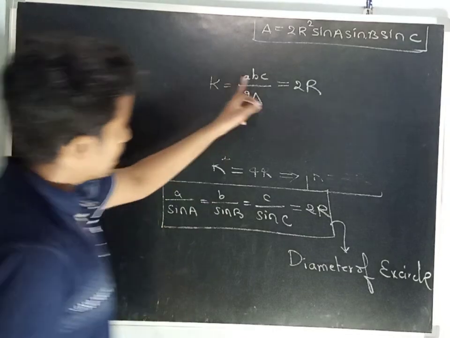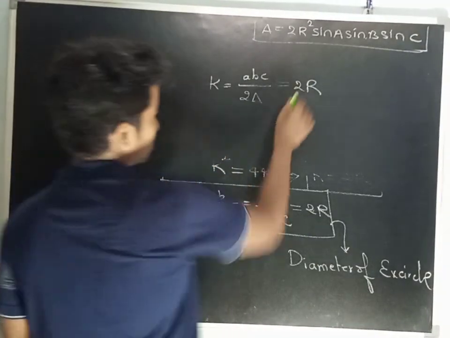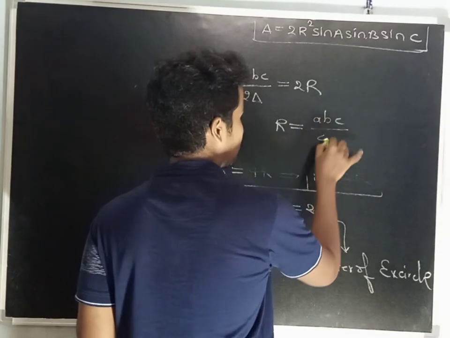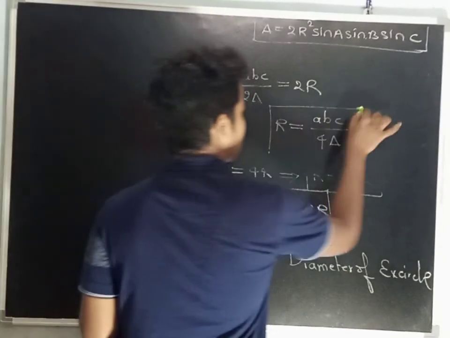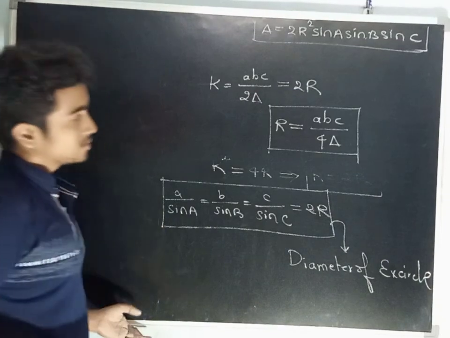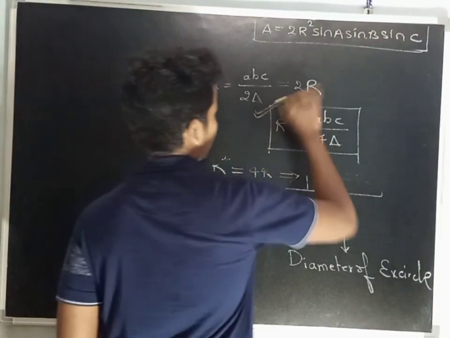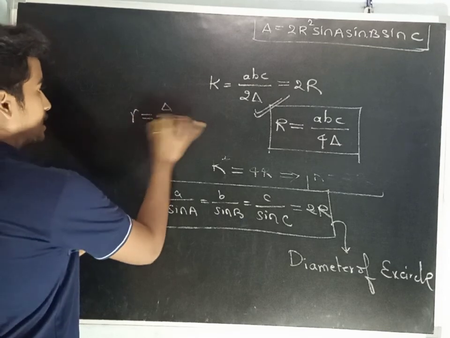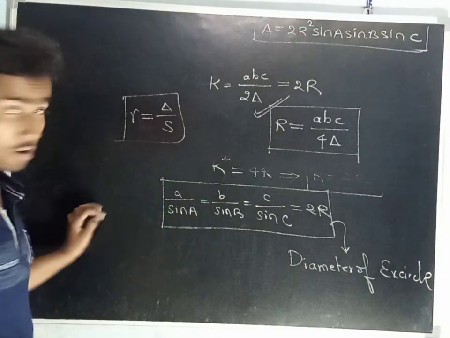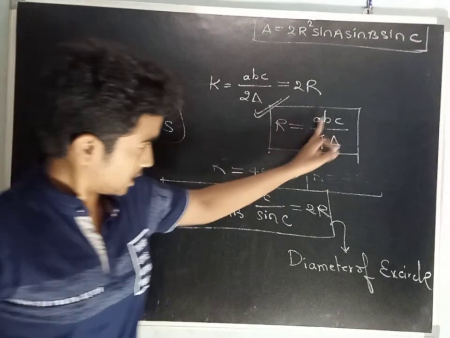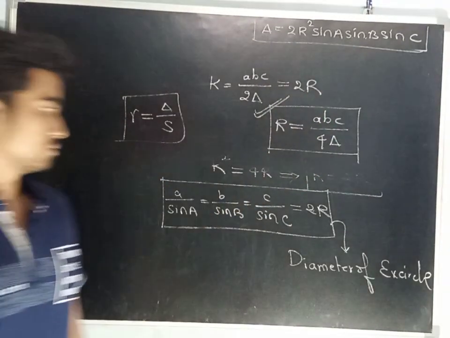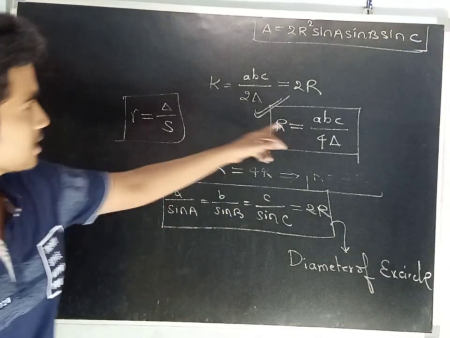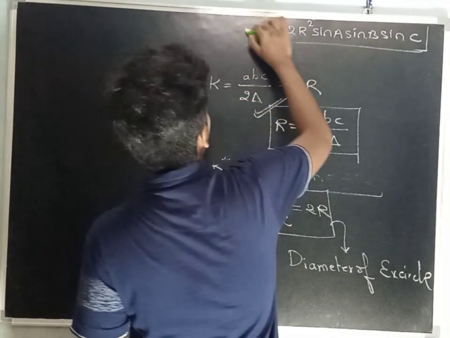It means abc by 2 delta is going to be 2R. It means the radius of the circumcircle is going to be abc by 4 delta. It is our another formula for radius of the circumcircle. For radius of the incircle, we have got delta by S. Similarly, for radius of the circumcircle, we have got abc by 4 delta. Here these are the 3 other new formulas.